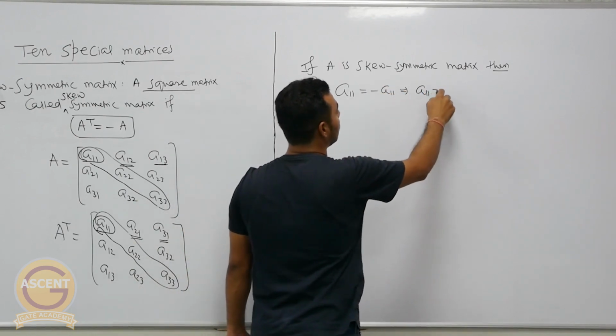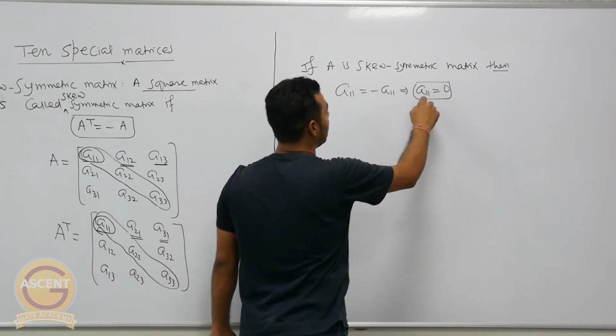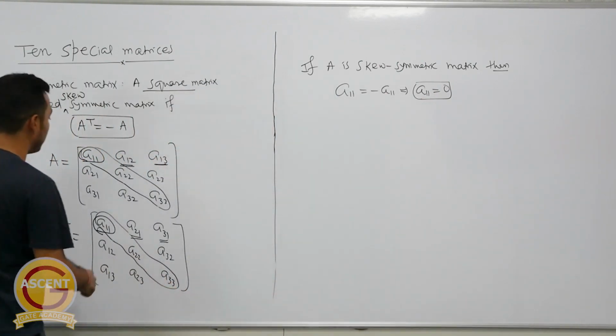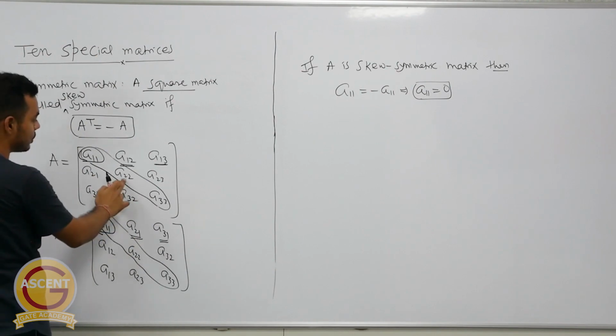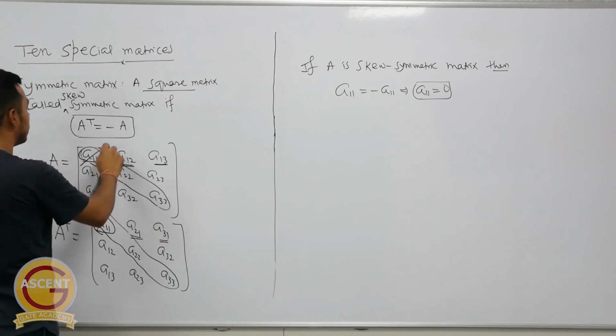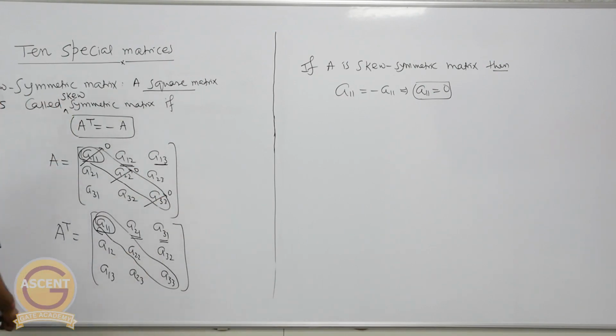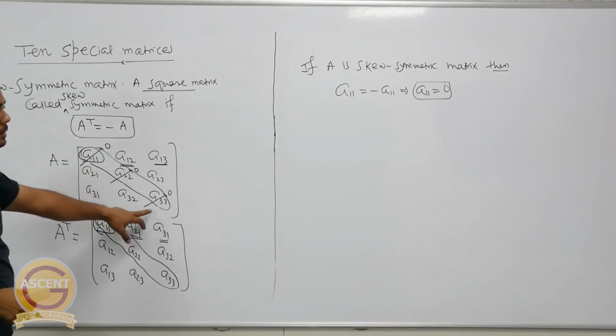This means 2 times the element in first row, first column is 0, which means A11 is 0. In a similar manner, you can show that these elements are also 0, A22, A33. So this is the first point: the diagonal elements of a skew symmetric matrix are always 0.